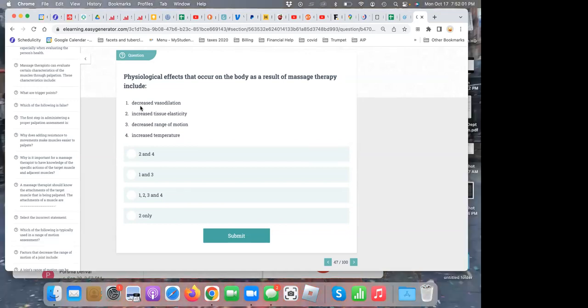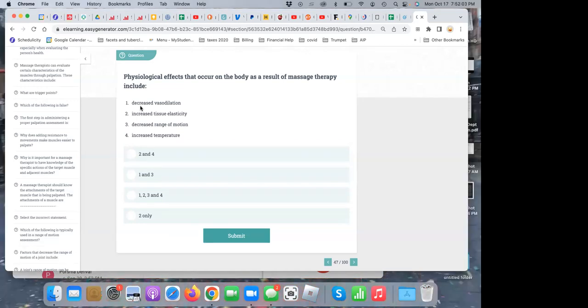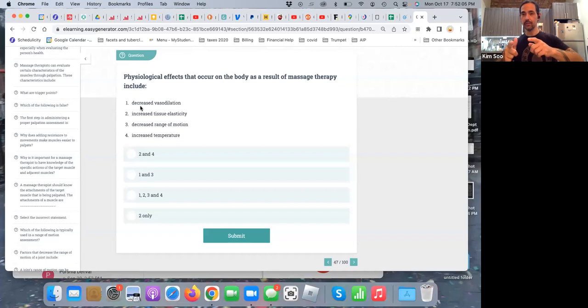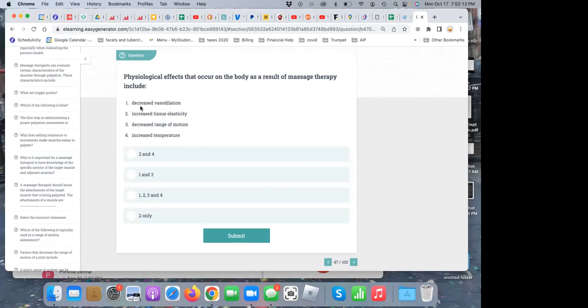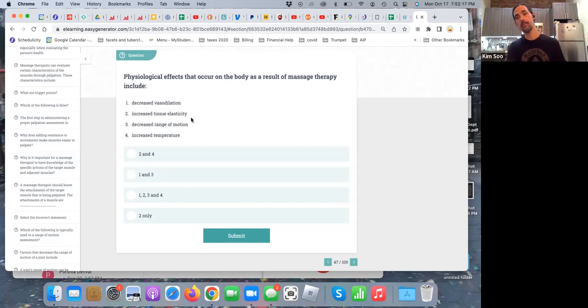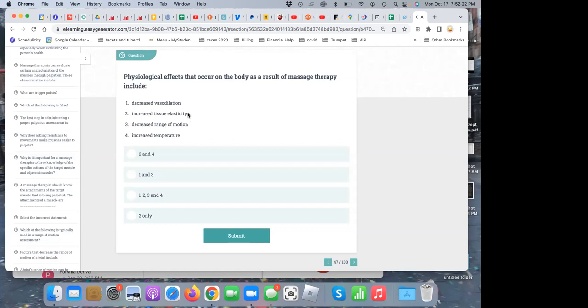Wouldn't that be an increase? Yes, that would be an increase in vasodilation. So is decreased vasodilation a physiological effect that occurs on the body as a result of massage therapy? No.